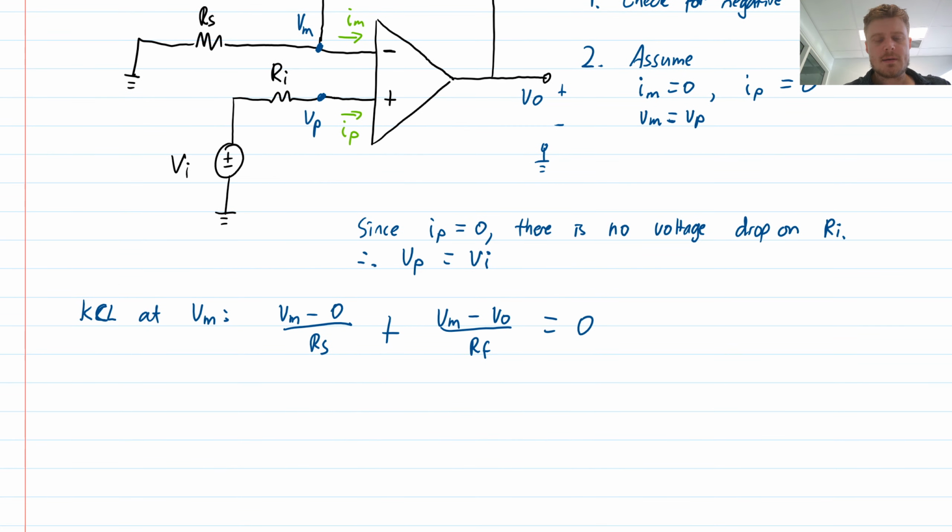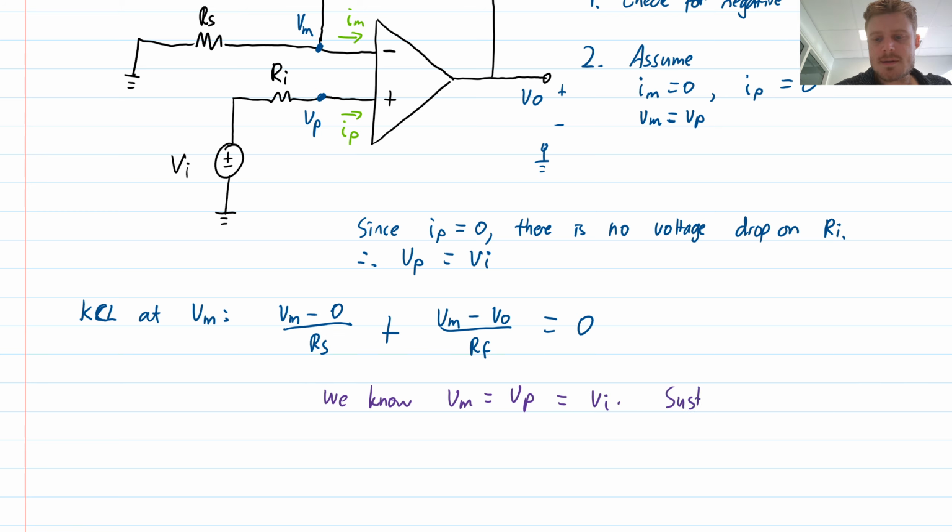But we know that the op-amp is going to work to make sure that the voltage at the 2 pins is equal. So what we have is a bit of information. So we know that Vm is equal to Vp, and also we analyzed that Vp is equal to our input voltage.